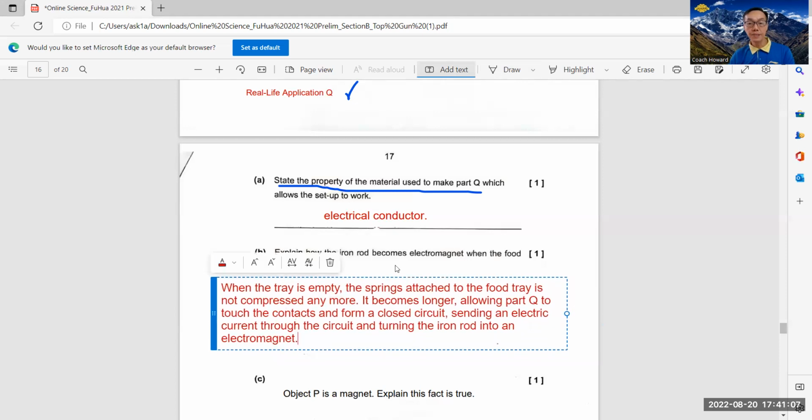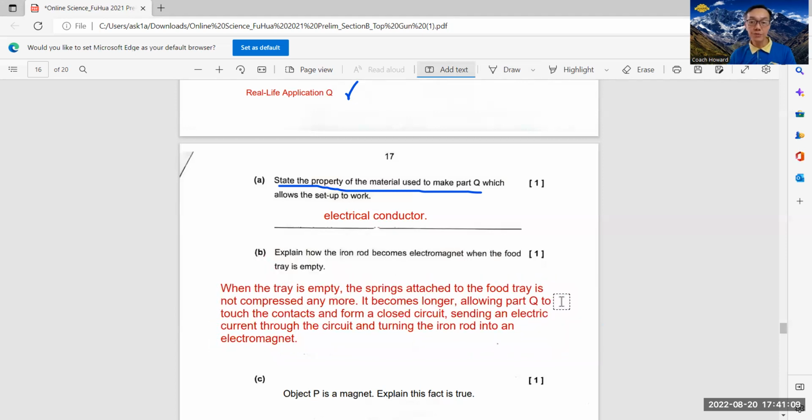When the tray is empty, the spring attached to the food tray is not compressed anymore, or you can say it springs back. It becomes longer, allowing part Q to touch the contacts and form a closed circuit, sending an electric current through the circuit, turning the iron rod into an electromagnet.